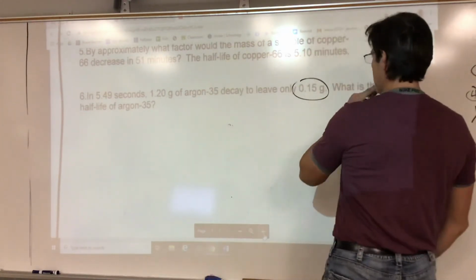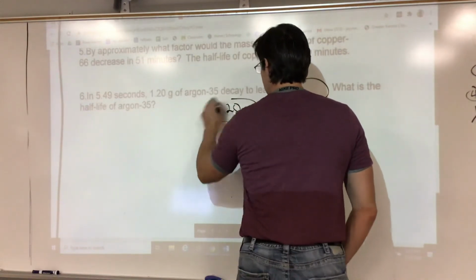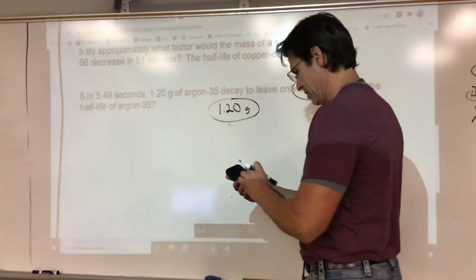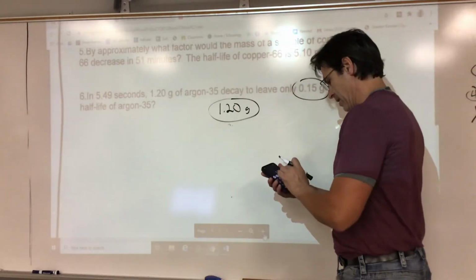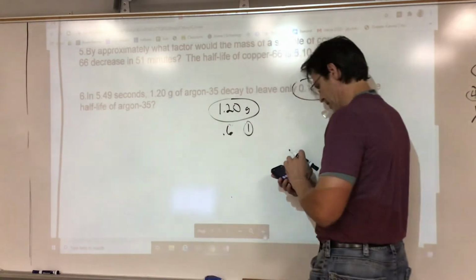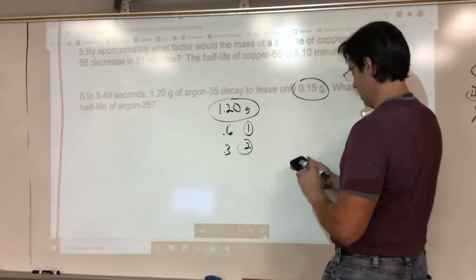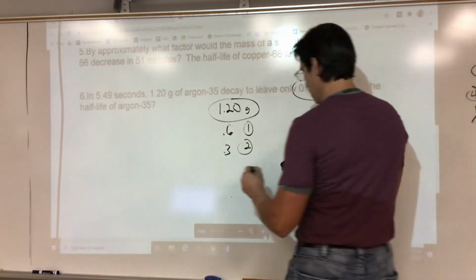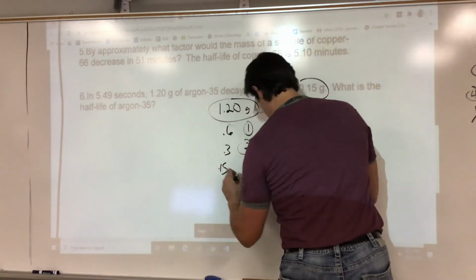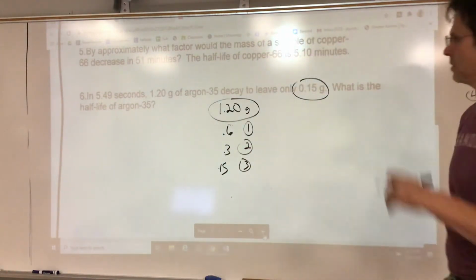Okay, so if I got 1.20 grams, I just want to do the old division to make it easy: 1.20 divided by 2 is 0.6, that's one half-life, divided by 2, that's 0.3, divided by 2, that's 0.15. It looks more difficult than it was, but it was only 3 half-lives, okay?